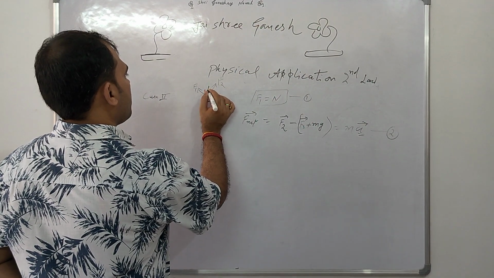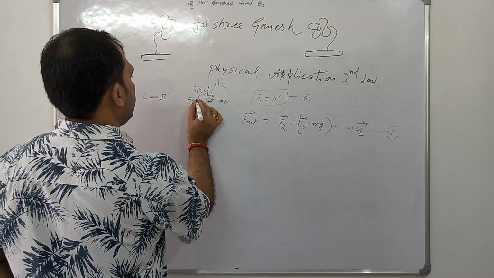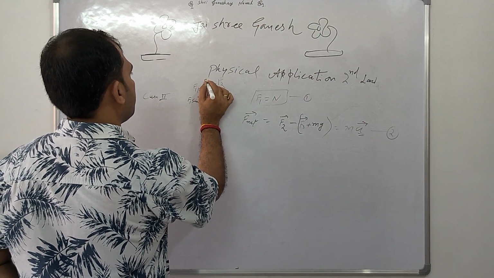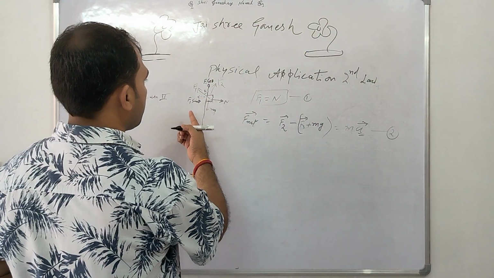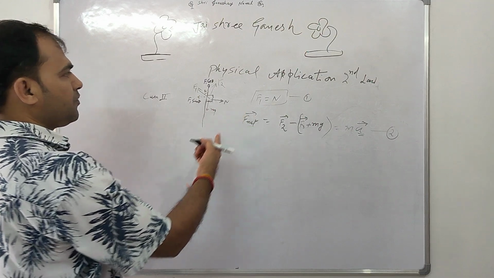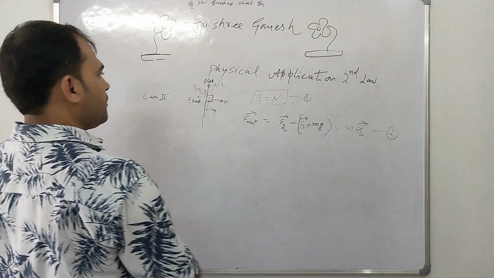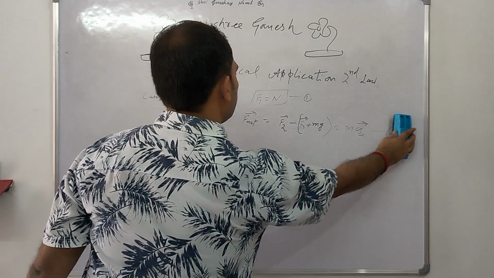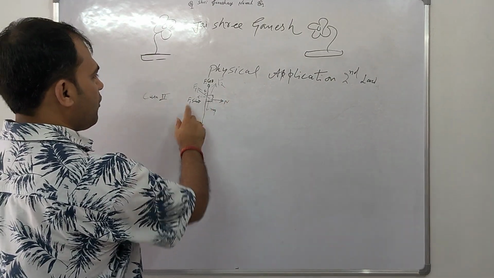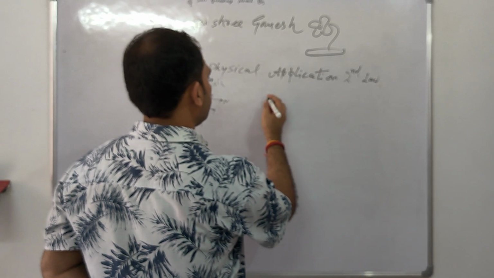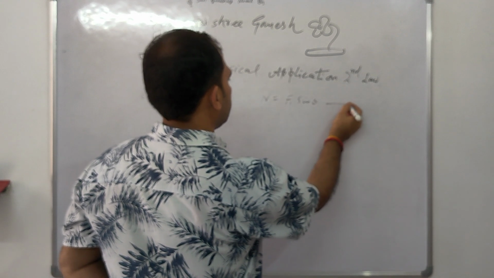So its components will be F1 sin theta and F1 cos theta. In the horizontal direction, there will be no motion, so N will be balanced by F1 sin theta. N is equal to F1 sin theta. This is the first equation.